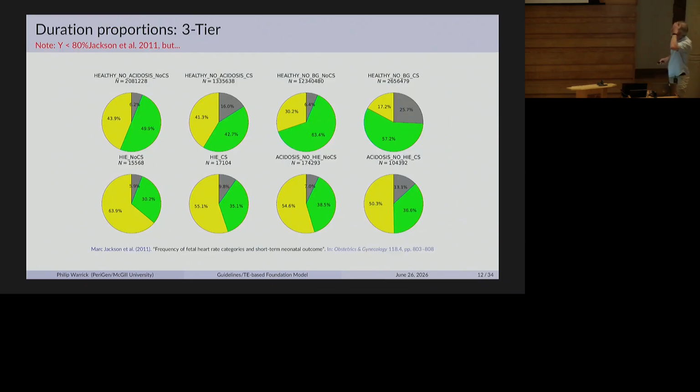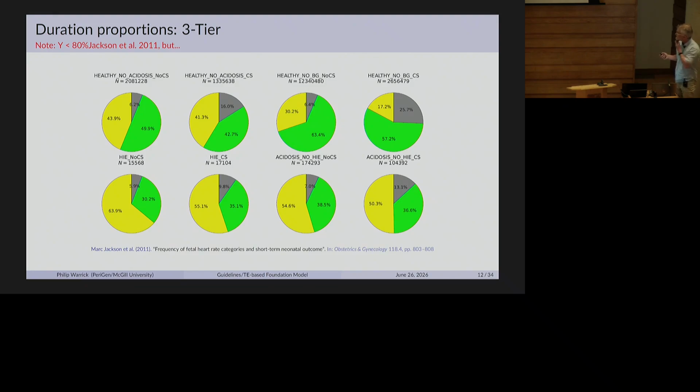So when we look at the last 3 hours and just sum up the 3-tier, the NIH, we don't see the typical 80% level that is often quoted. By the way, the N's here are not cases, they are epochs, so they're wildly high, and maybe I should have changed that.